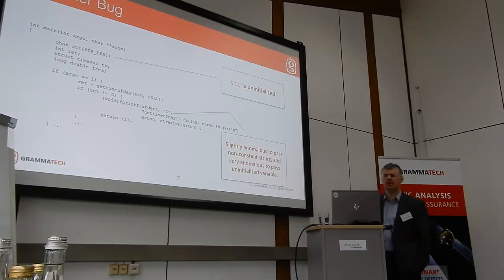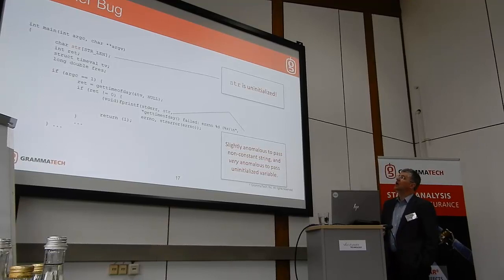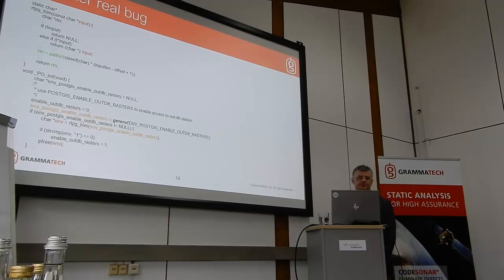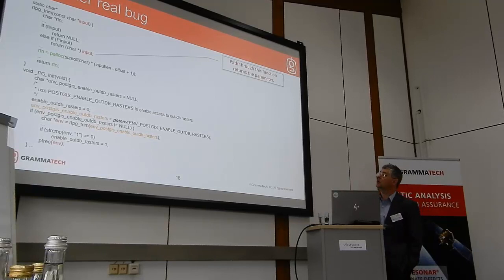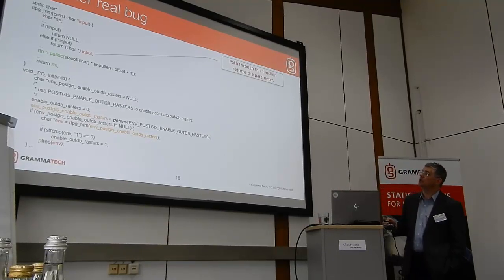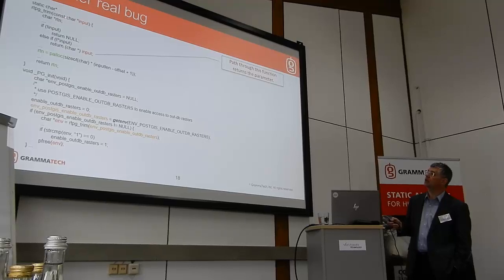I don't think this was an especially safety critical application. Here's another one. So the key thing in this one is you've got this function, RTPG trim. It takes a string as input.